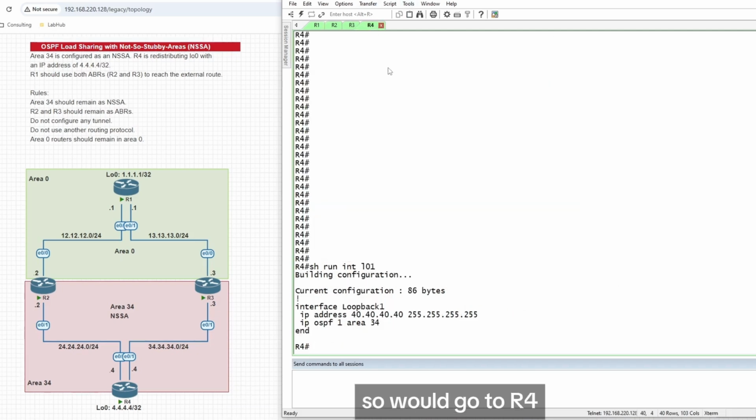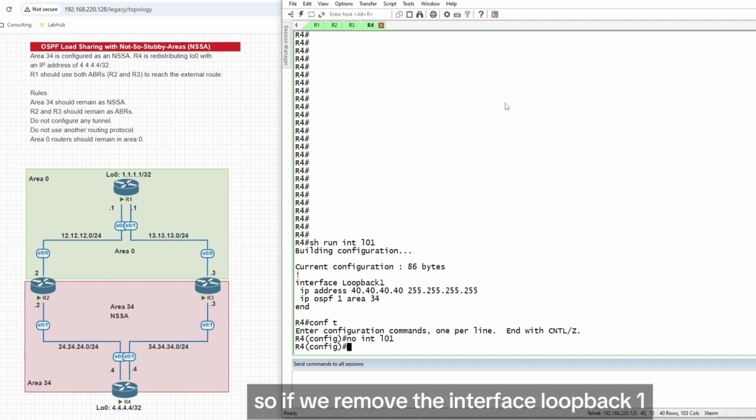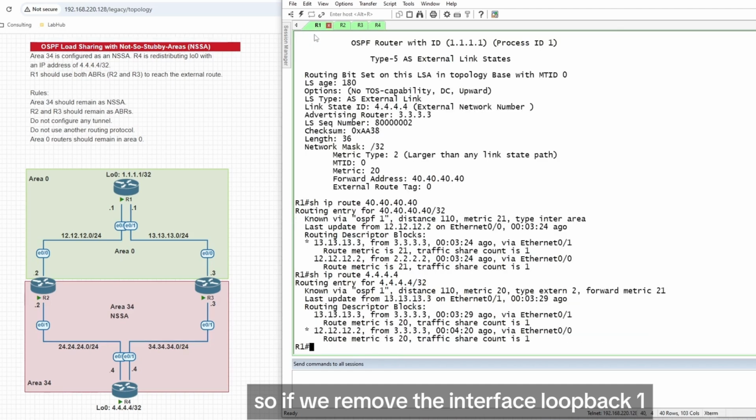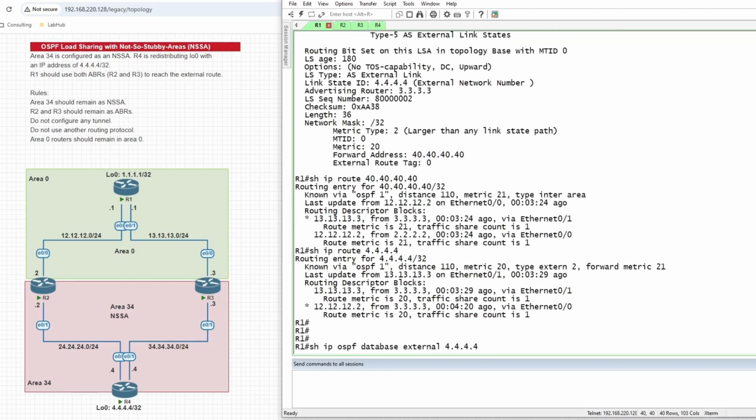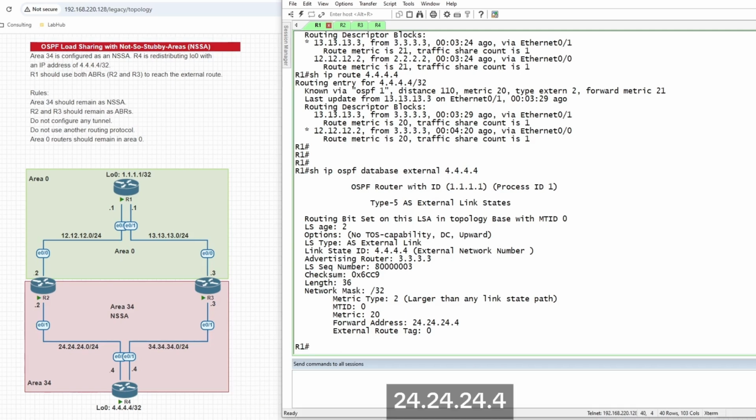So we'll go to R4 and we'll remove the interface loopback 1. If we remove the interface loopback 1 and we come back to R1, the forwarding address has now gone back to 24.24.24.4. This was where we were before.